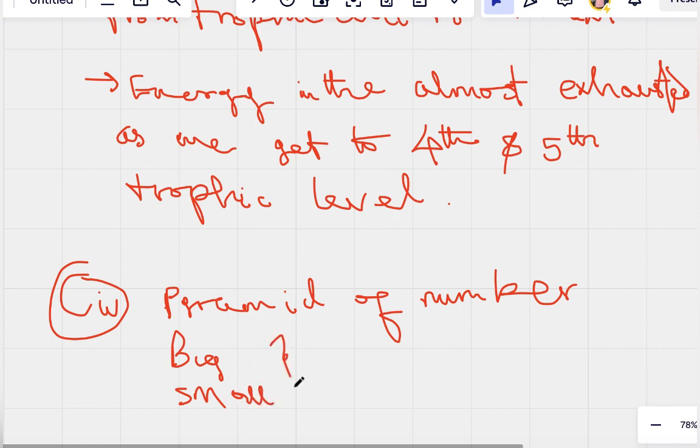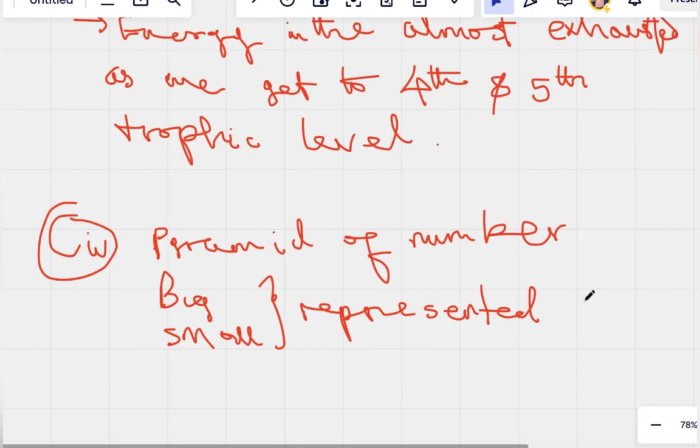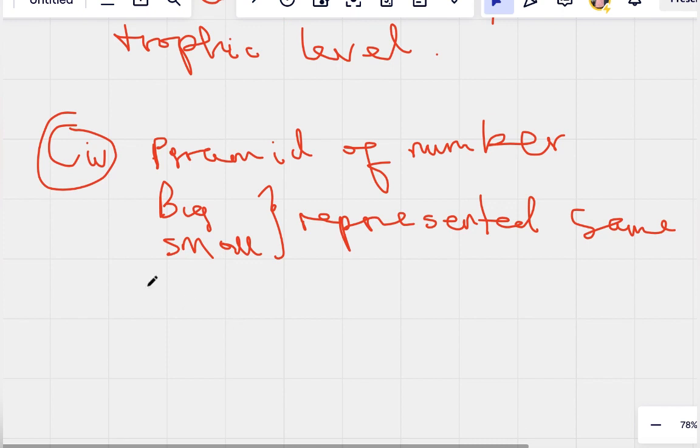So if you have 5 elephants and 5 small grasses, they are represented the same way, which does not really show the quantity of energy they can offer to the system. They are represented the same in numbers, but in biomass it shows the energy that each has.